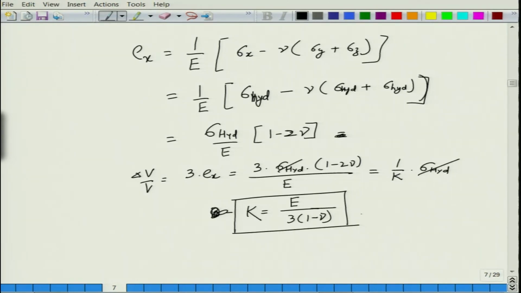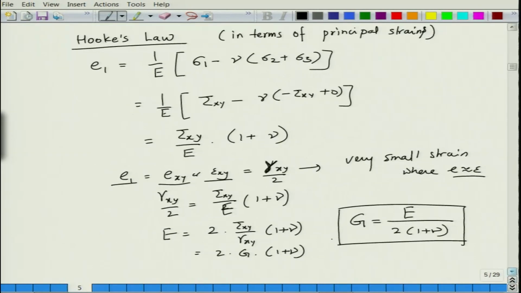This is a relation which relates the bulk modulus, the elastic modulus and the Poisson's ratio. In the previous case, you related Poisson's ratio, Young's modulus and the shear modulus.